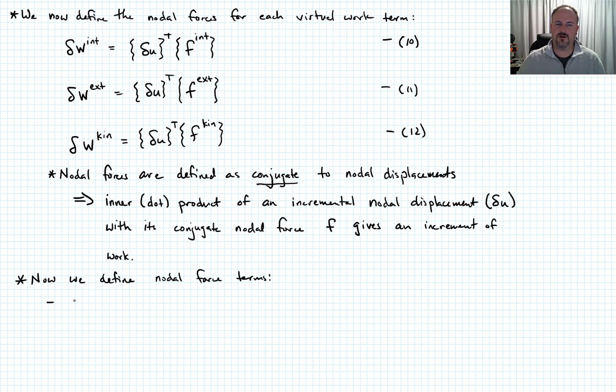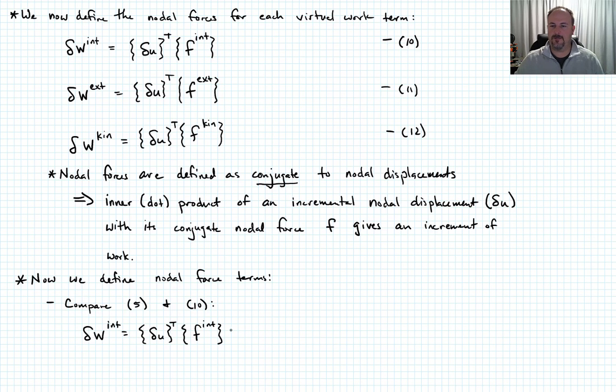Okay, so let's go ahead first and compare equation 5 and equation 10. If we do that, I can write that equation 10 says the virtual internal work is equal to the virtual displacement times the internal force vector, Fint. Well, based on equation 5, that must be equal to the integral. And I'm not going to put xa and xb anymore because I'm doing this at the element level, okay?